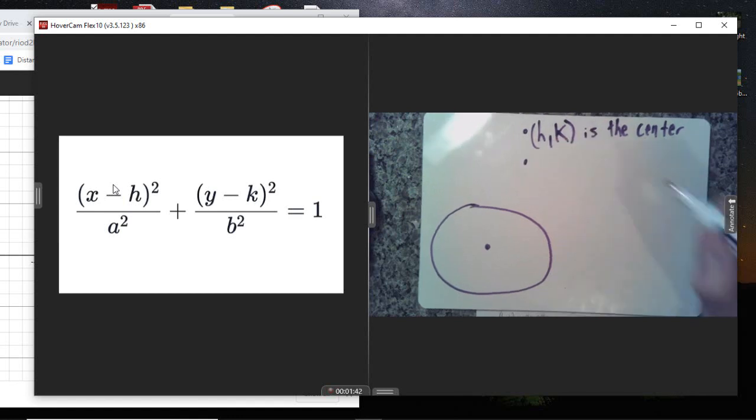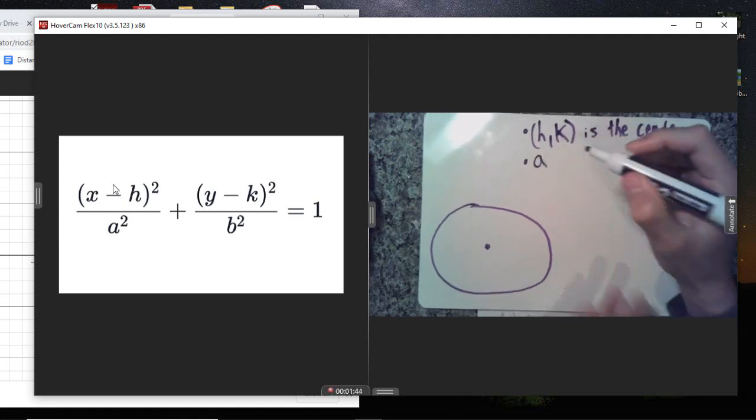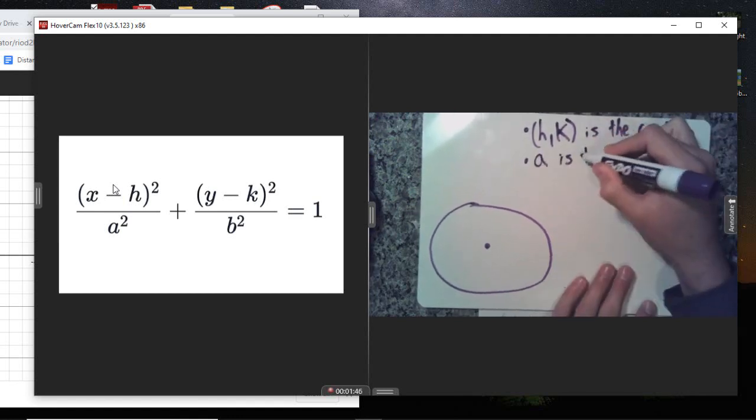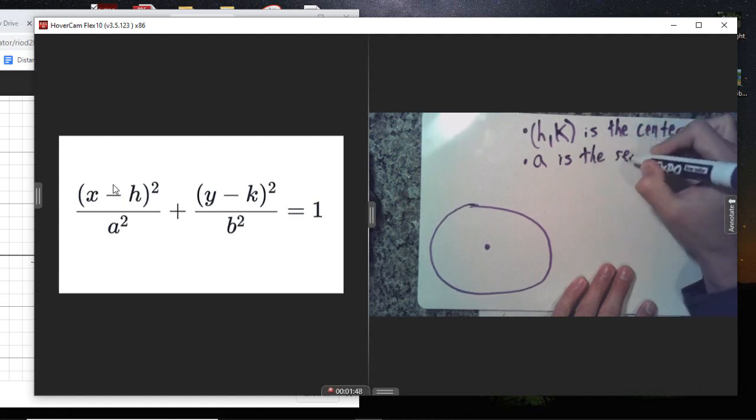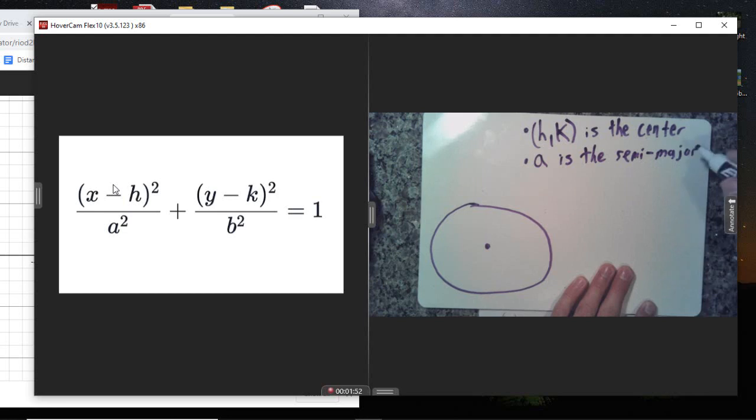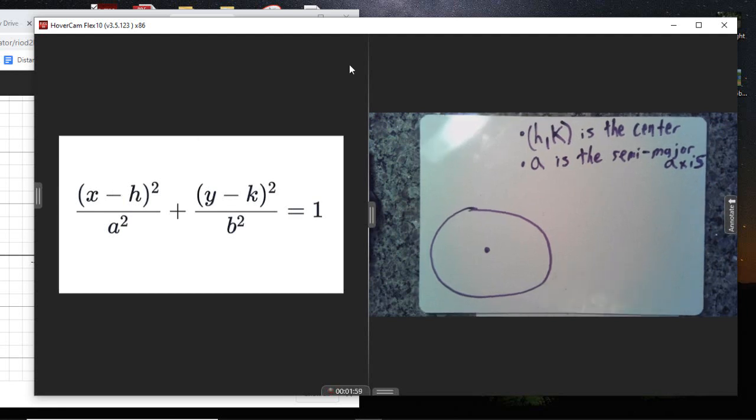All right, the next part is A. Now A is the semi-major axis. Now, the major axis here is this entire length right here.